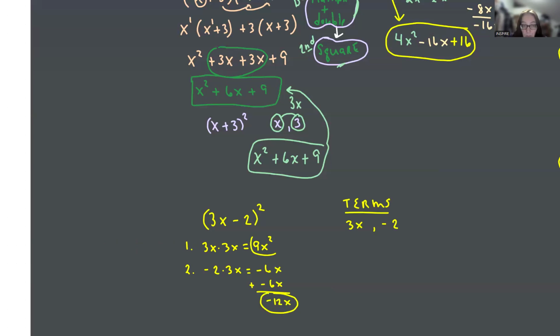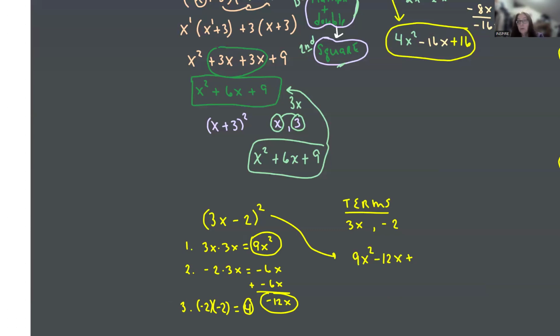And then step three, square the last term. -2 times -2 is 4. So when I square this, I get 9x squared minus 12x plus 4.